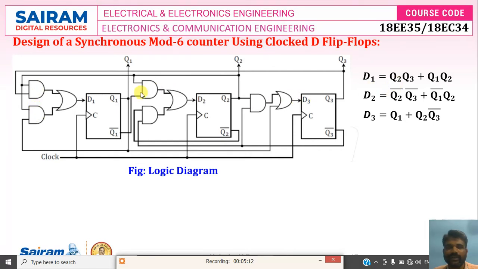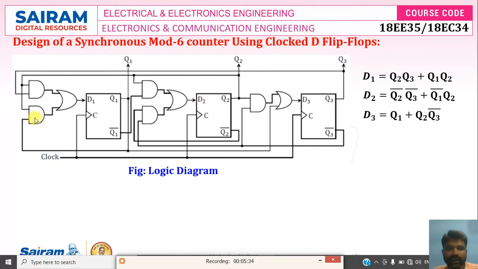See the inputs to the first AND gate. This line is drawn from Q2, so one input is Q2 and another input is drawn from Q3. So the output of the first AND gate is Q2 Q3.